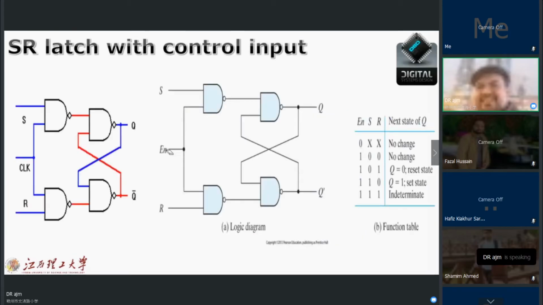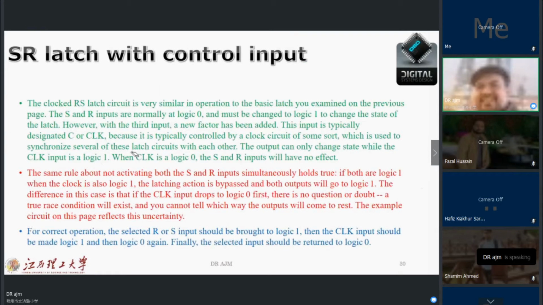Here again, this is what we have with the control inputs part of the SR latch. As you see, the clocked RS latch circuit is very similar to the basic latch that we have. The S and R inputs are normally at logic 0 and must be changed to logic 1 to change the state of the latch.